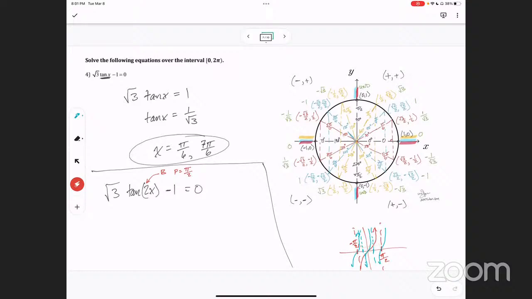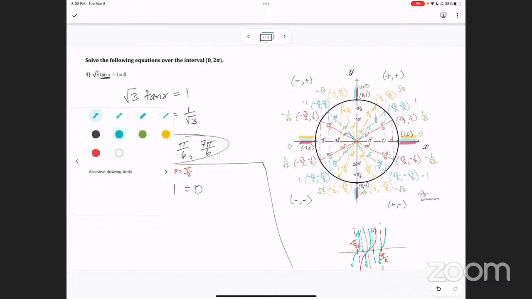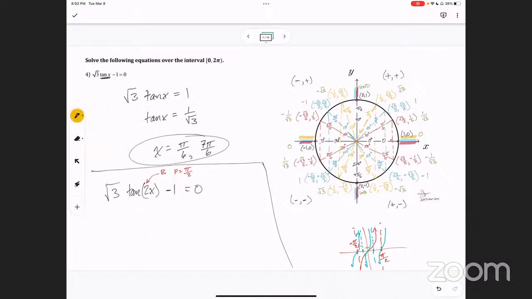It's right here. I'll draw it in yellow. This is roughly 1 over the square root of 3, that horizontal line right there. And my red graph, so one of my answers was right here.